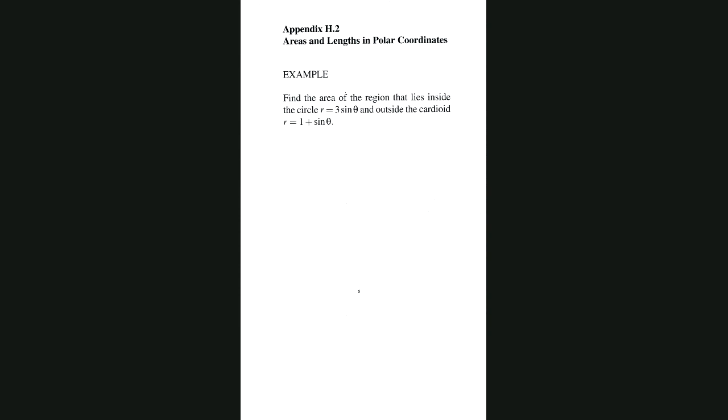Okay, so we want to find the area of the region that lies inside the circle, r equals 3 sine theta, and outside the cardioid, r equals 1 plus sine of theta. So what's the first thing you need to do in order to solve this problem?